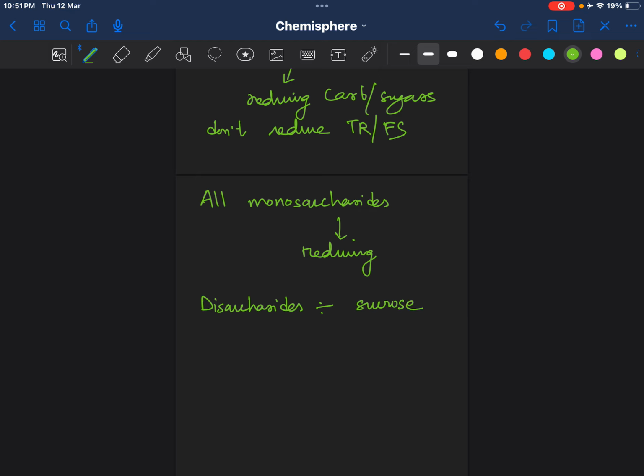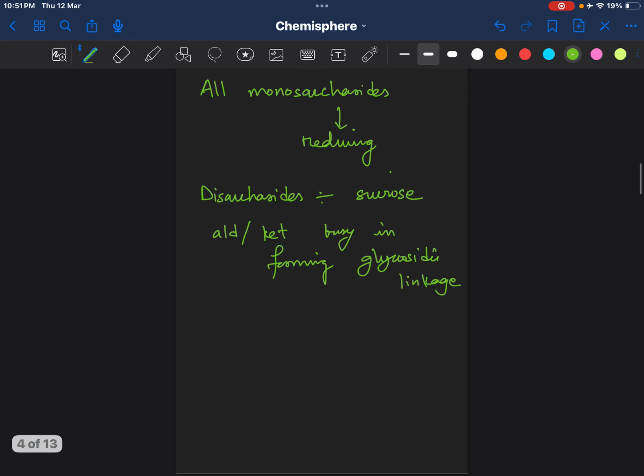In sucrose, the aldehyde or ketone groups are busy forming the glycosidic linkage, so they are not free. Hence they cannot revert back to the aldehyde or ketone form and reduce reagents like Tollens reagent or Fehling solution. But there are certain disaccharides, for example maltose and lactose, which are reducing. Everything depends upon the structure.